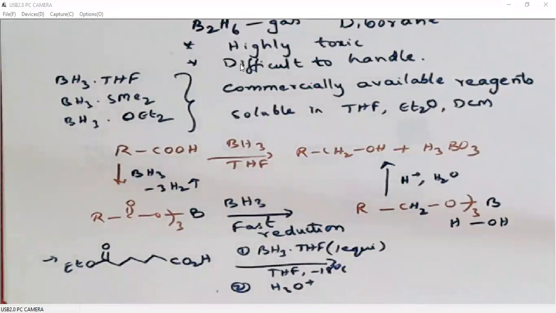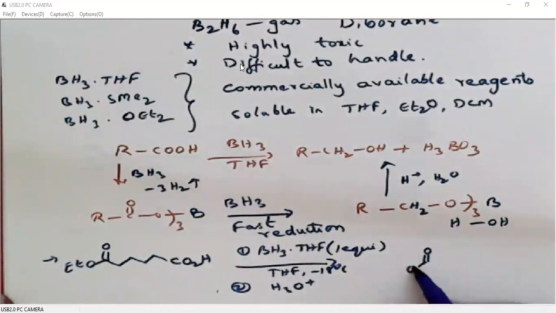Of course, borane will also reduce esters, but the reaction is very slow. So when we use only one equivalent of borane, carboxylic acid reduction is very, very fast. So borane will reduce the carboxylic acid to the corresponding alcohol, whereas this ester group will not be reduced.